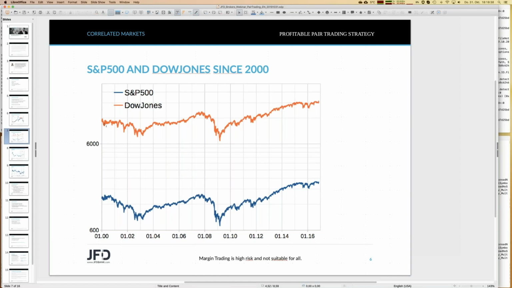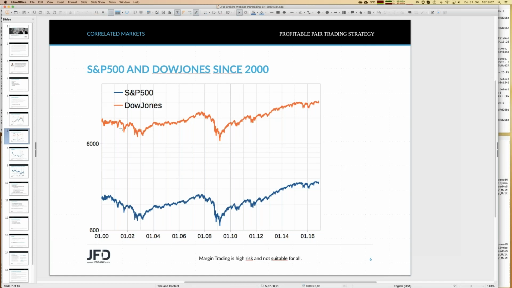Honestly, if I didn't have the numbers here, would you know which one is which? Okay, we all know that the Dow Jones is higher in numbers than the S&P 500, but let's think about if I had normalized the chart. Could you distinguish between the S&P 500 and the Dow Jones? I think the answer is no.